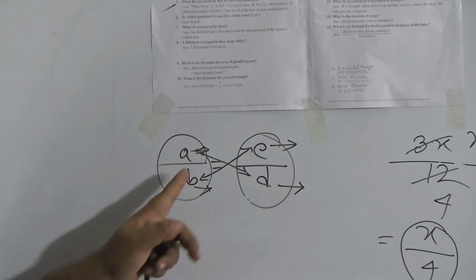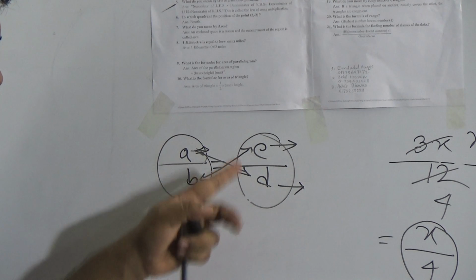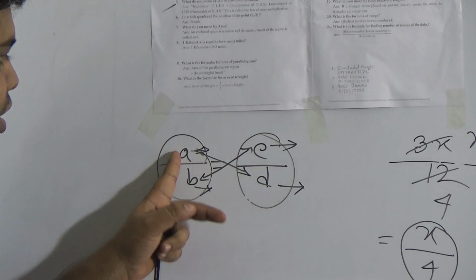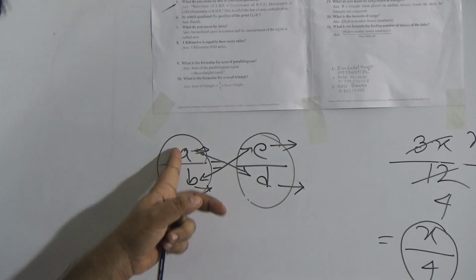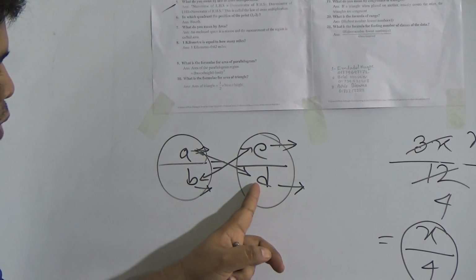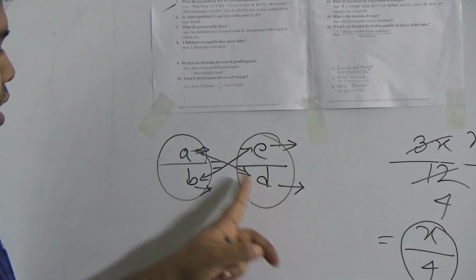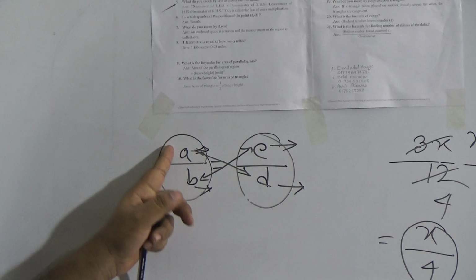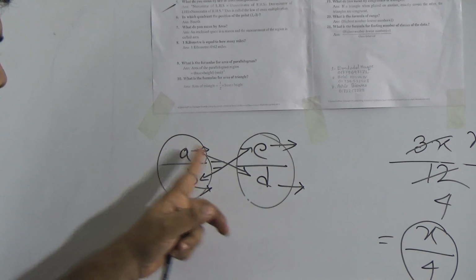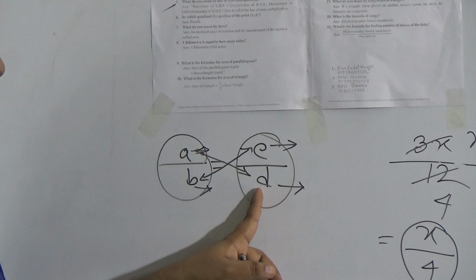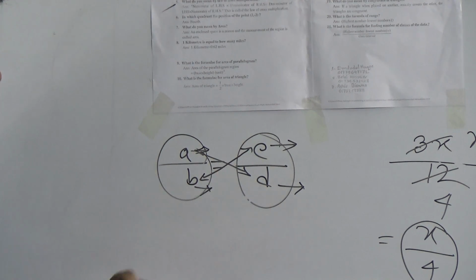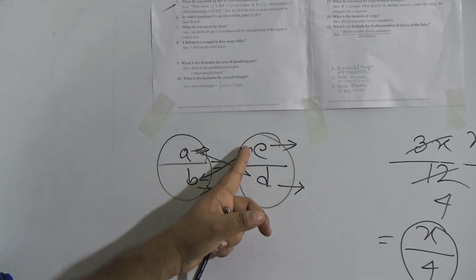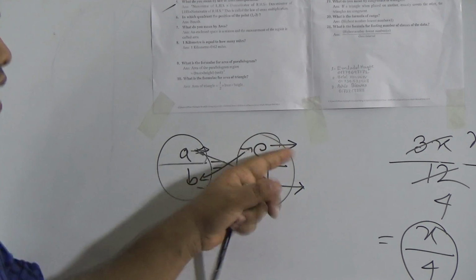That means the introduction of these two fractions of cross multiplication is: numerator of the LHS multiplied with denominator of the RHS equal to denominator of the LHS multiplied with numerator of the RHS.